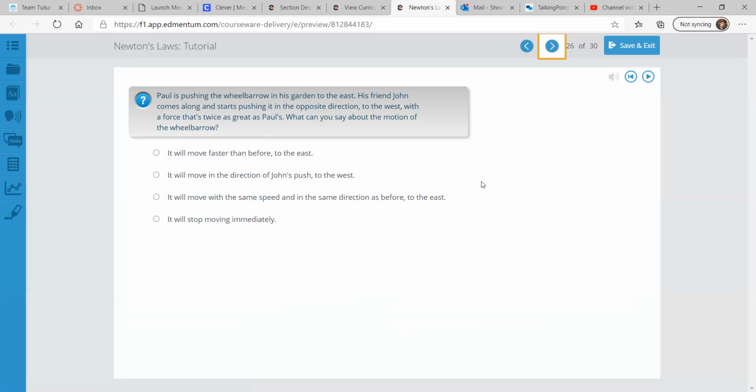So we're given a question. Paul is pushing a wheelbarrow in his garden to the east. His friend John comes along and starts pushing it in the opposite direction, to the west, with a force that's twice as great as Paul's. What can you say about the motion of the wheelbarrow?